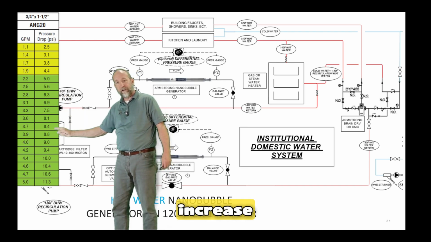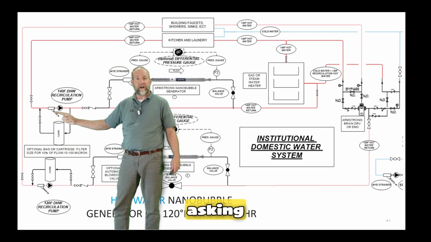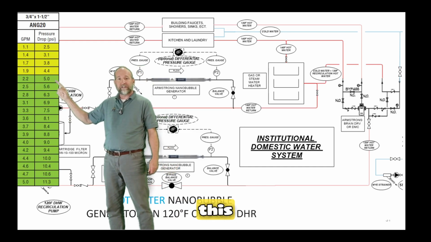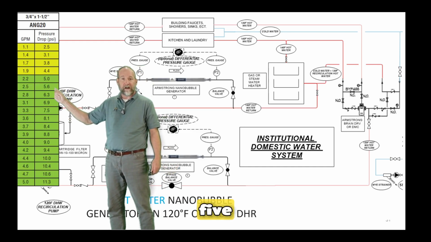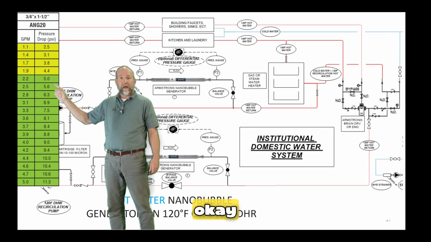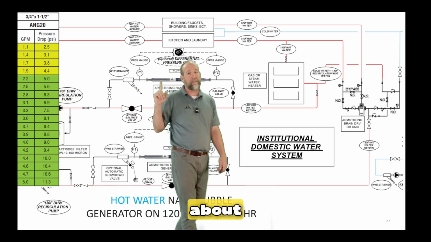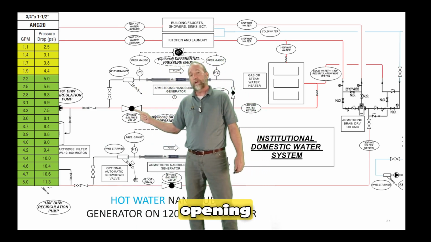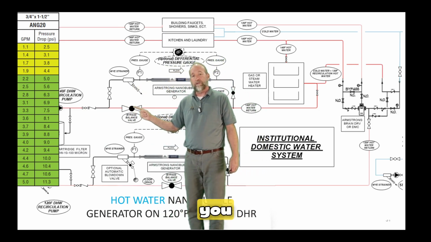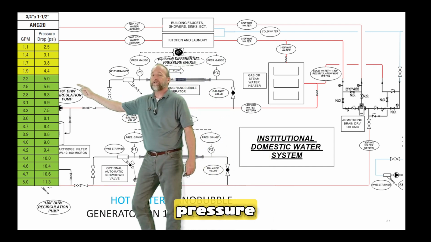And as you increase the pressure drop, then what you're doing is you're asking this pump to do more work, right? So the bare minimum that we're asking this pump to do is an additional 5 pounds of pressure drop, okay? But for instance, if it will do more, okay, and that's another beautiful thing about this setup, is just by opening and closing this bypass valve, you can actually affect what this pressure drop is right here.